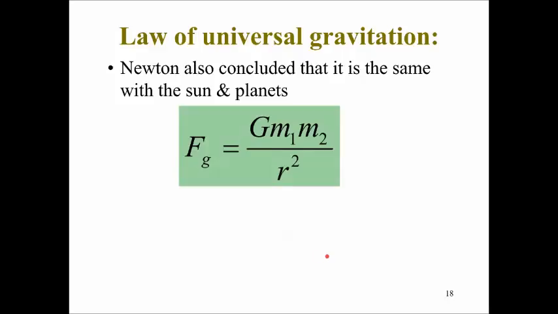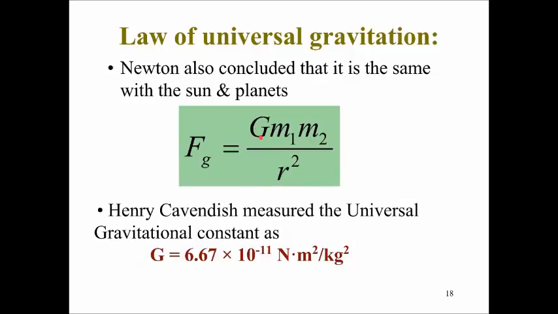And so here is his formula for universal gravitation, which states that the force due to gravity between two masses is equal to this G constant, which I'll talk about in a minute, times the product of the two masses involved, could be the sun and the Earth, for instance, divided by the square of the radius of the orbit. So R is going to be the distance between the two masses.